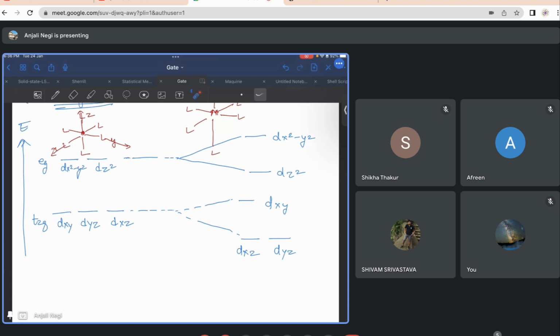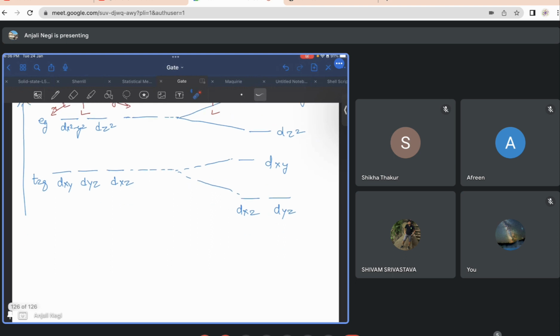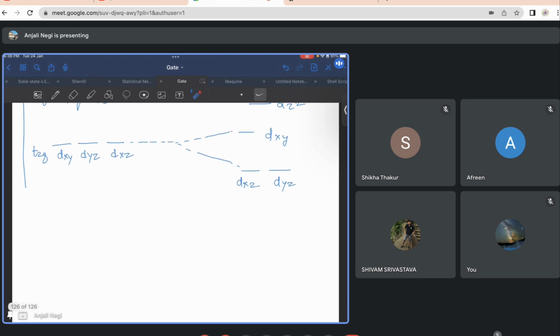Jahn-Teller distortions are seen with the unsymmetrically filled d orbitals. So the case that I am telling you here, I simply give you one example.